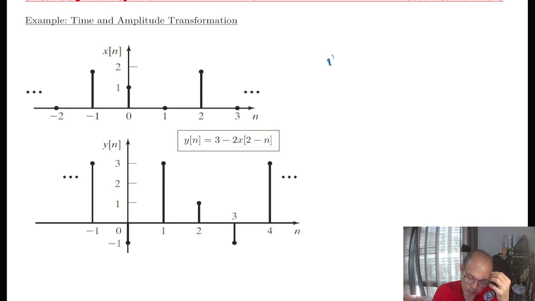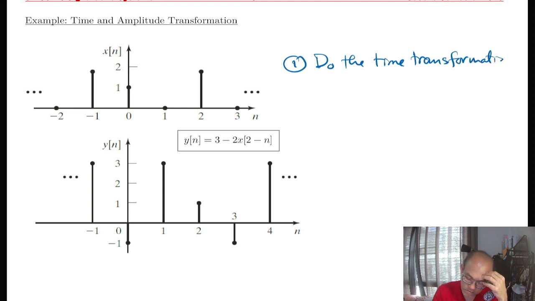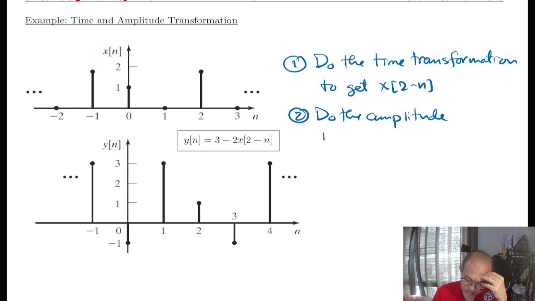So first do the time transformation to get x of 2 minus n, and then do the amplitude transformation on what you have, x of 2 minus n.